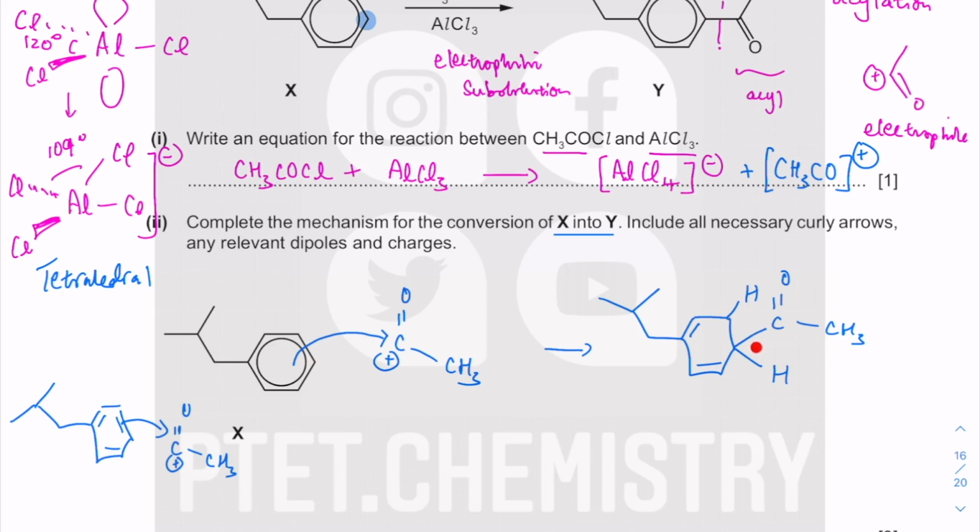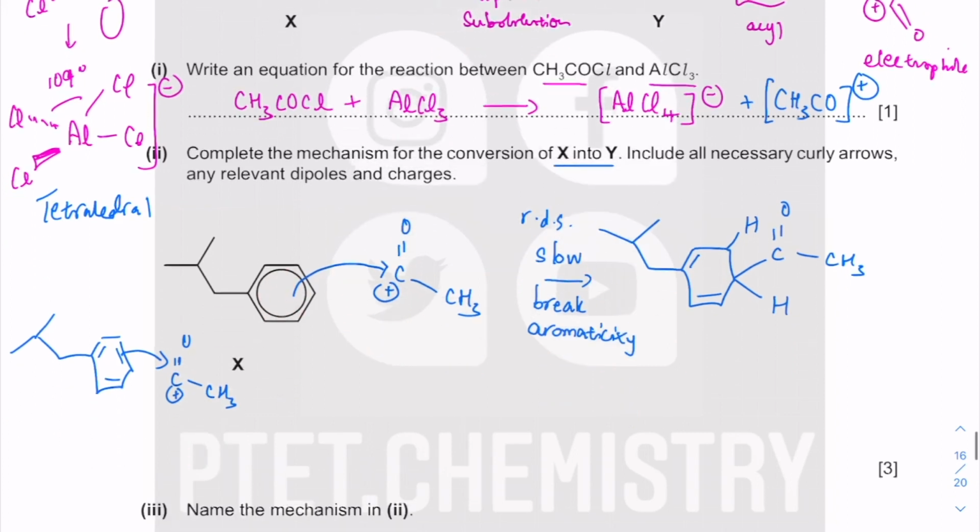This becomes a 109 degree tetrahedral carbon, sp3. This is a 120 degree carbon, sp2. So there's a change in hybridization. This is a slow step because we are breaking aromaticity. This is actually the rate determining step. Because it's the slow step in the reaction, you're taking away the aromaticity, which is what is stabilizing the benzene ring.